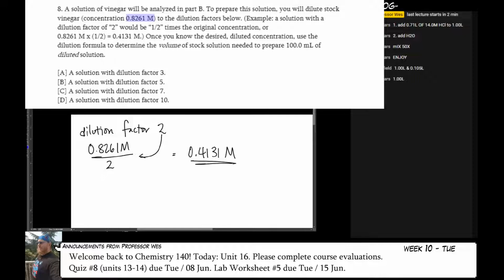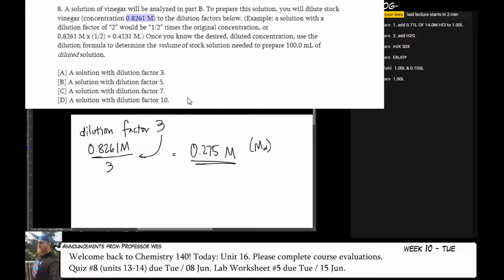This would be my diluted concentration, or in other words, this is MD. Now, if I want it to be a 3, I put a 3 here and just do the numbers. So 0.8261 over 3 is 0.275. You could do that for 5, 7, and 10. That's not difficult to do, so I'll leave that part for you.